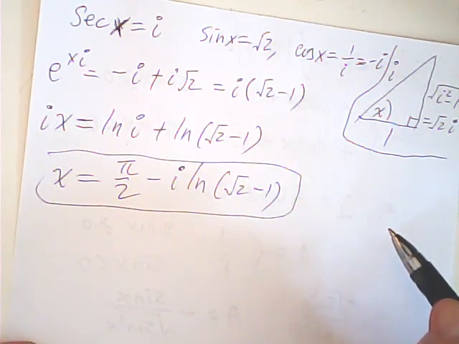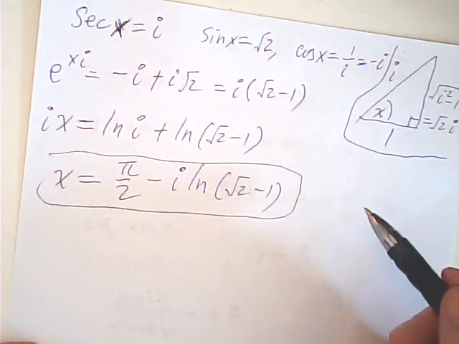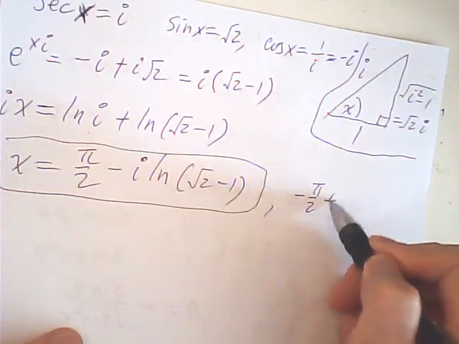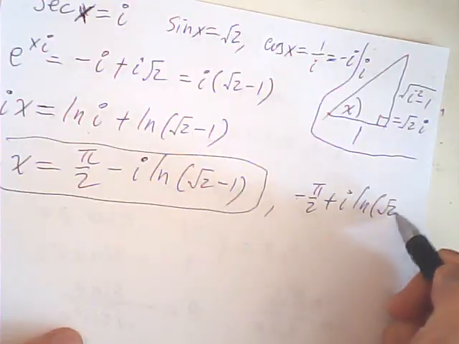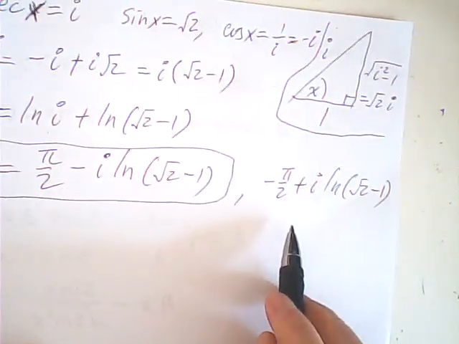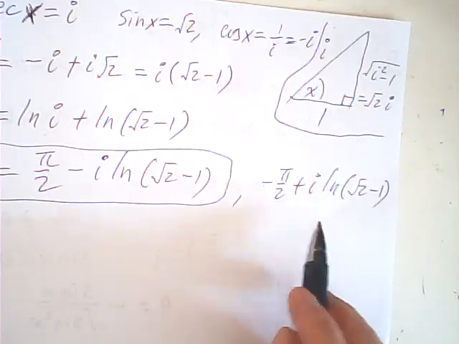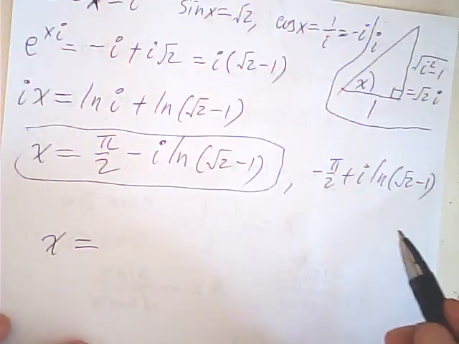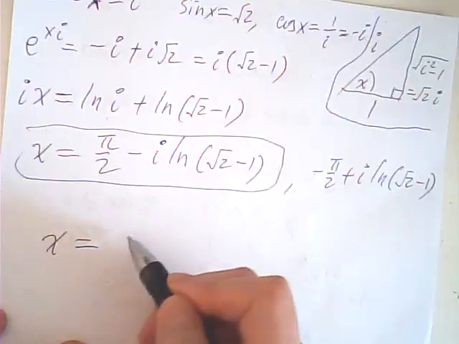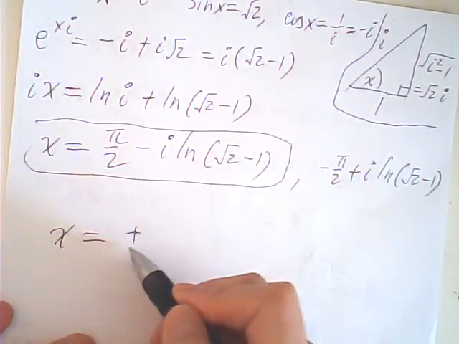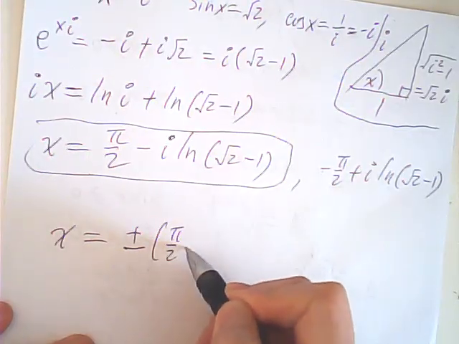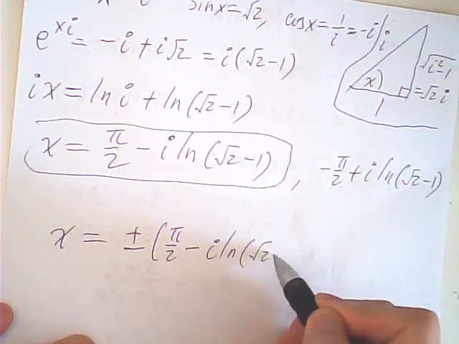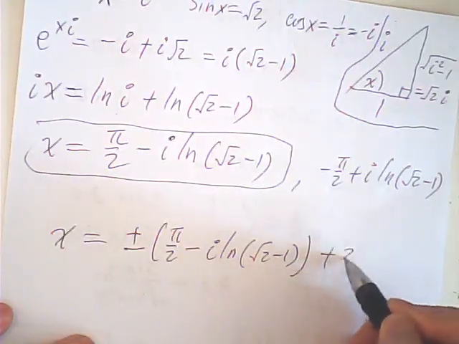Yeah. And negative is also a solution, right? So this is also a solution, negative 2i plus i. This will also be a solution. Then we add the, right, but combine them together it is plus or minus root log natural 2 minus 1, yeah, plus 2n pi.